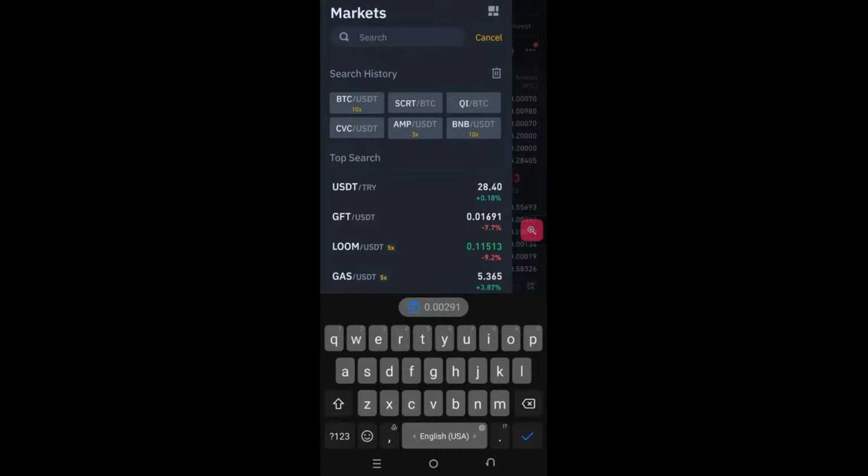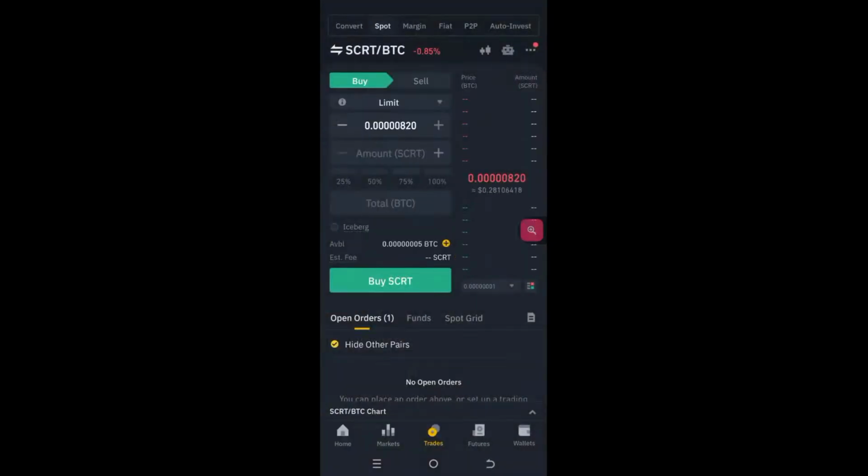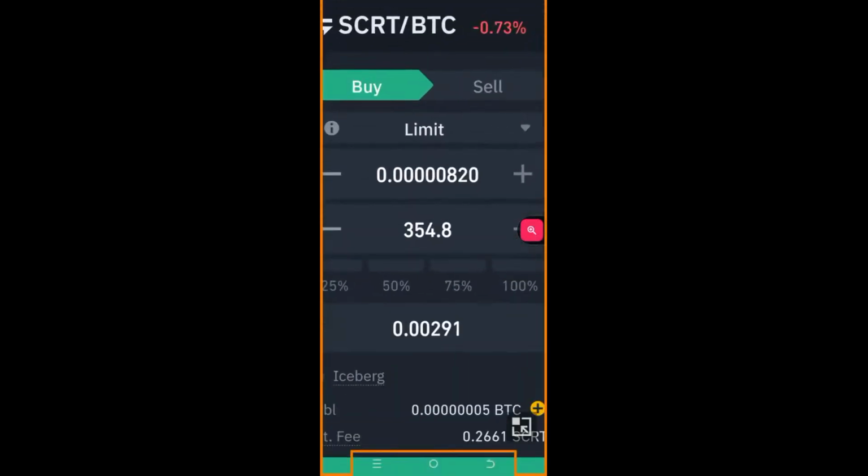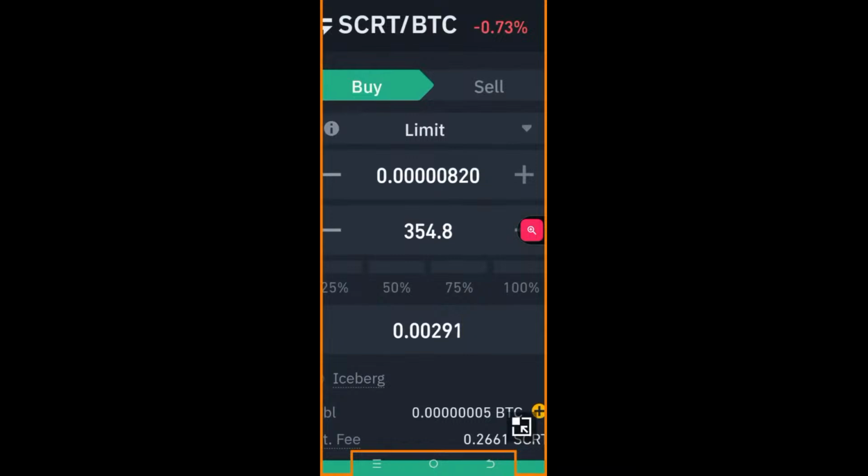Let's check it out. So we're at SCRT, and all we have to do now is buy SCRT with BTC. So all we just have to do now is place the BTC here, as you can see, and then we can pick up 354.8. Remember that, 354.8. So let's copy that.